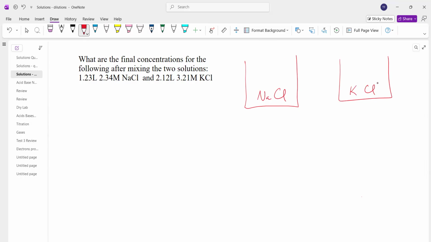So if I asked you what are the moles of the sodium ions, the moles of potassium ions, and the moles of the chloride ions, dumping these two solutions together.